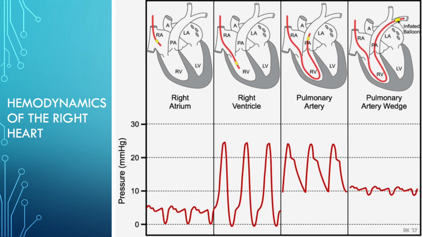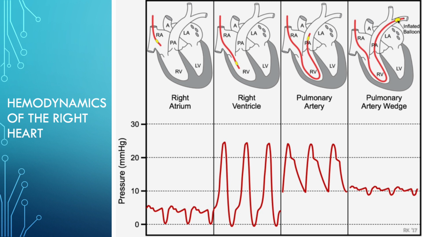And then we go to the shape of the wedge pressure, but it will be smaller than the right atrial wave, and it's almost about the normal value, around 10 or below 12.